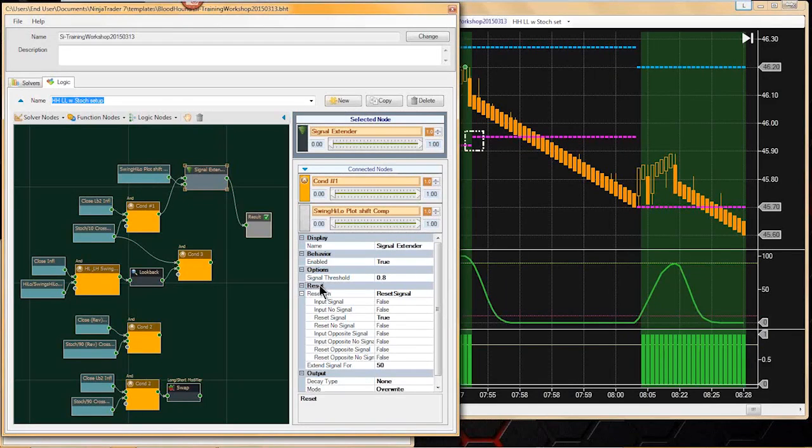The resets, their job is to turn the signal extension off, or in other words, reset the signal extender back to its default state, which is off. So these are all resetting the signal extender back to off.